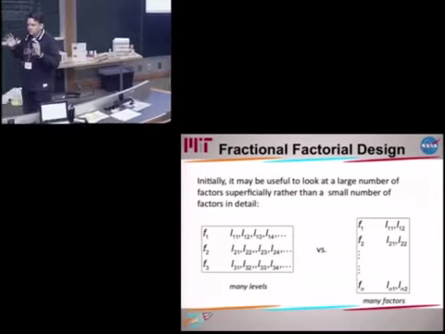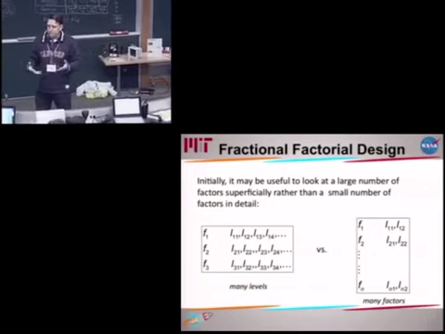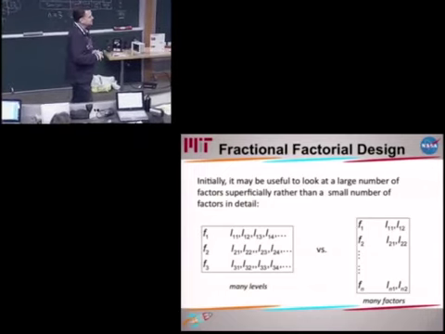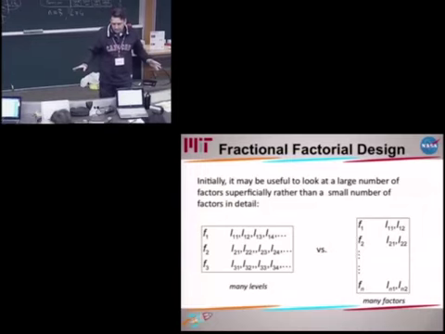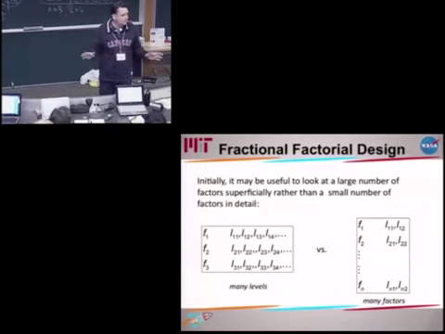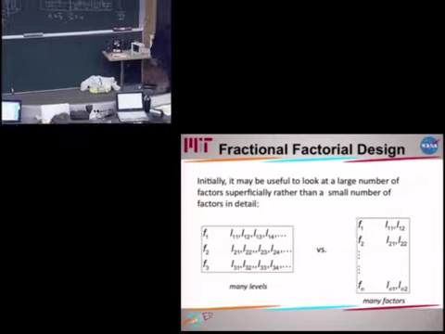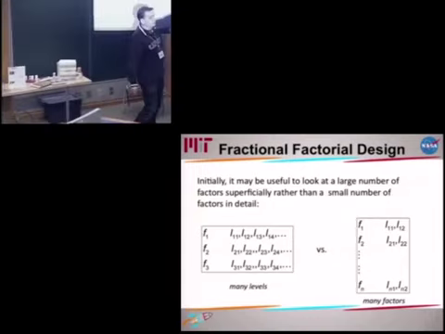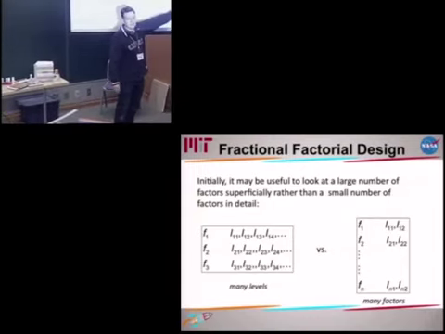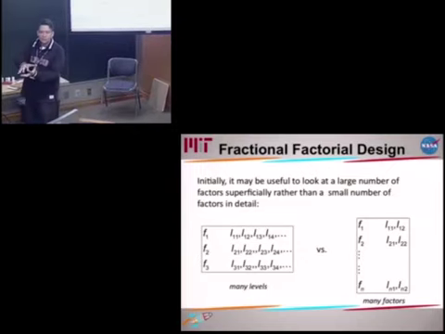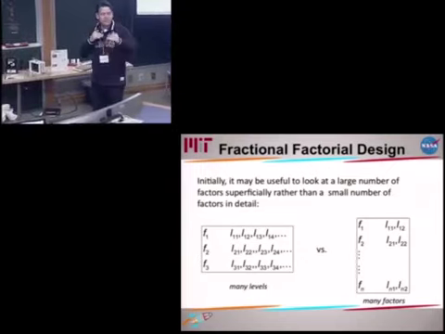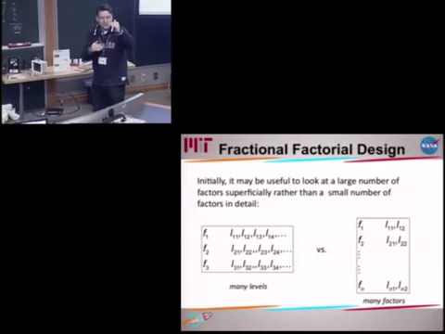And one of the big rules of thumb, or one of the heuristics in design of experiments, is that if you're coming at a problem and you know nothing about it, you have no idea what a good setting is or what factors are important, you should initially go with this. So initially, it's better to carry out a set of experiments where you're looking at lots of factors, but each of them you just look at a high and low setting.